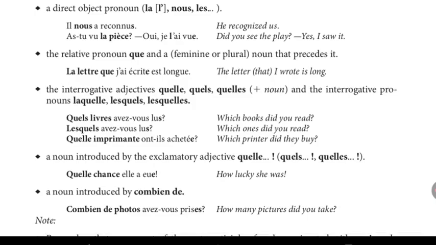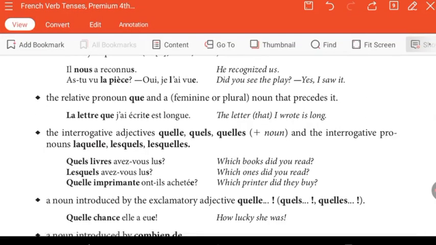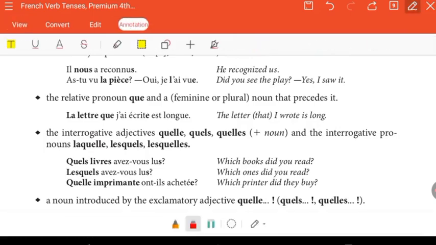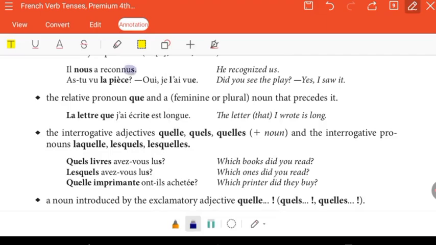Reconnu on its own will not have an S. It's going to be il a reconnu generally. But because this nous, which happens to be a direct object, is there, we got to work with that. The S comes into play because of the nous that we have there.